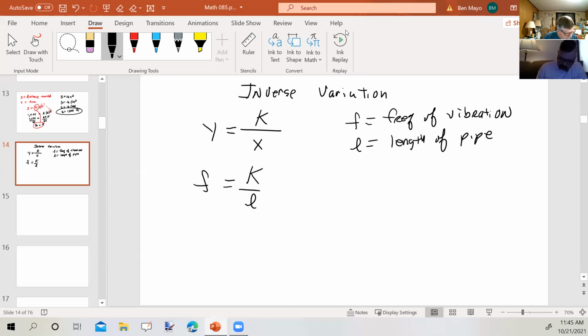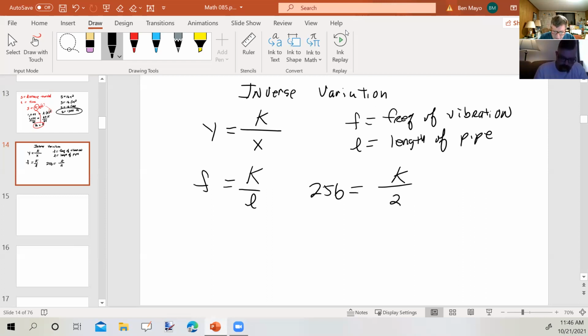If a pipe 2 feet long vibrates 256 times per second, how many times per second will a 6-foot pipe vibrate? Okay, if a pipe 2 feet long vibrates 256 times per second, so the length is 2 feet, the vibration 256 times per second, okay?